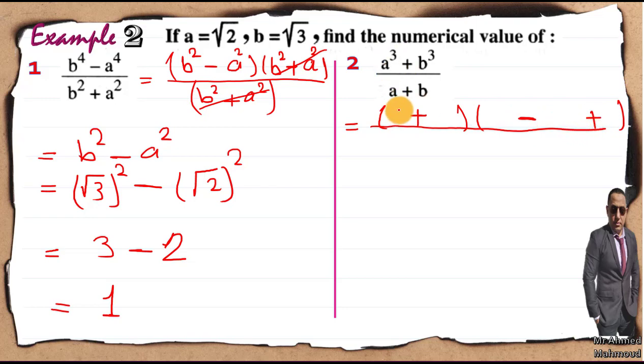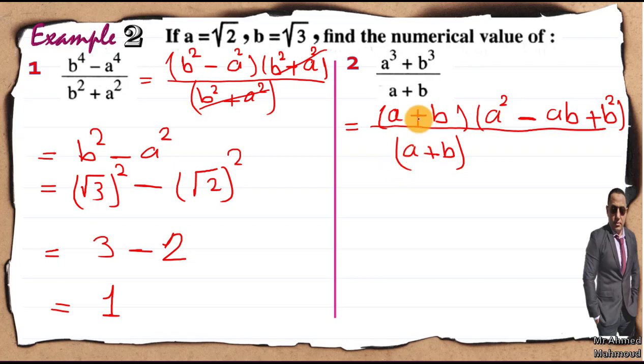Cubic root of a power of 3 equals a, cubic root of b power of 3 equals b. First power of 2 here, second power of 2 here, and the first times second here, a, b. Finally, I'm going to write down a plus b down, a plus b, all between brackets.